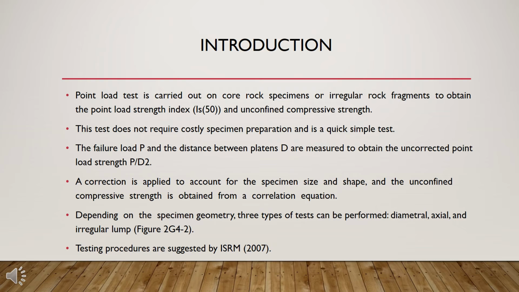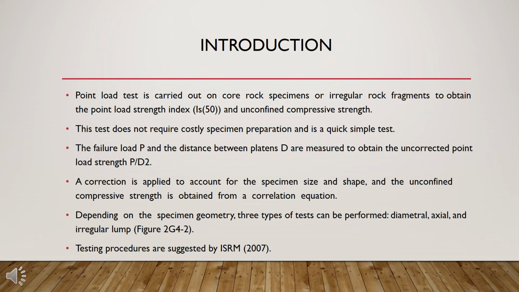The failure load P and the distance between platens D are measured to obtain the uncorrected point load stress P over D squared. A correction is applied to account for the specimen size and shape, and the unconfined compression strength is obtained from a correction equation, depending on the specimen geometry.